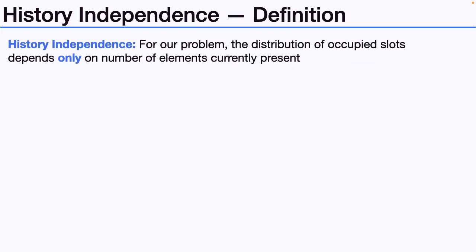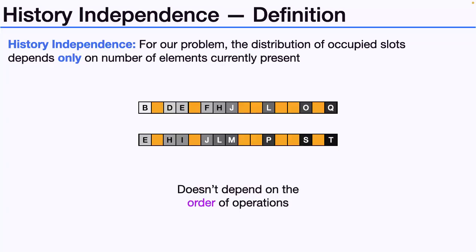Again, since we have a randomized algorithm, when I say the state, I mean the distribution of states, or if you'd like, you can think about it as I pick some random bits, and then I have the state. So I could have a bunch of elements coming in with different keys, and critically, they can come in any order. In these two situations, I have the same number of elements, so I get the same data structural state.